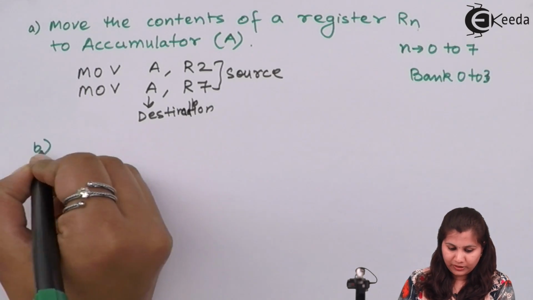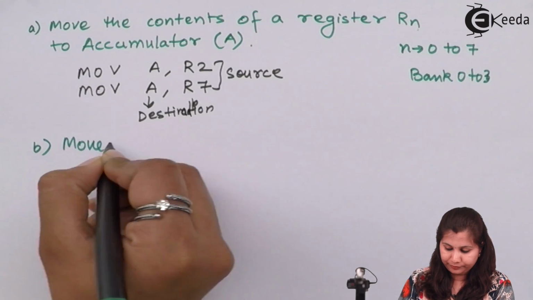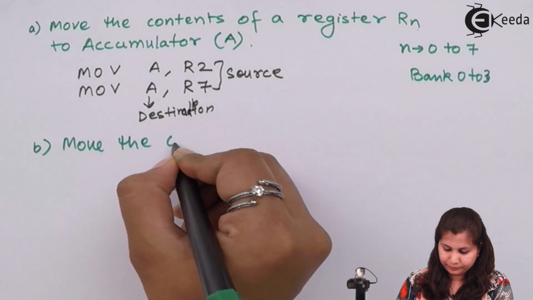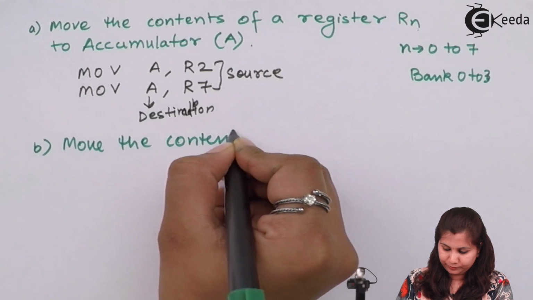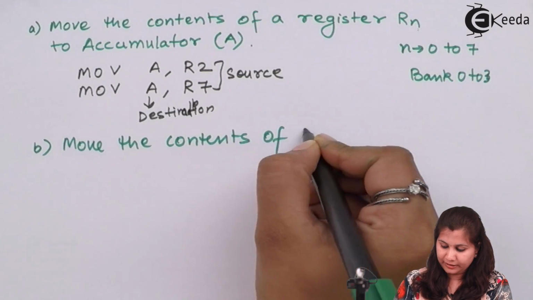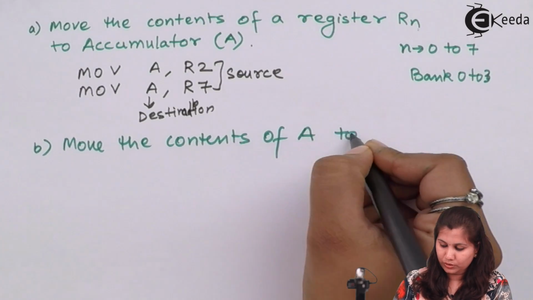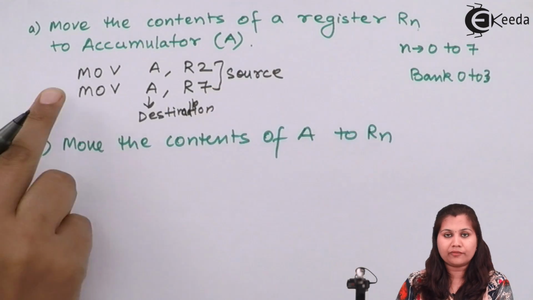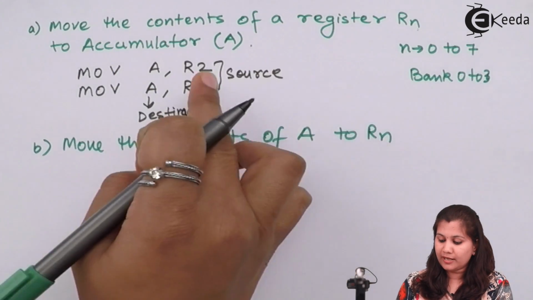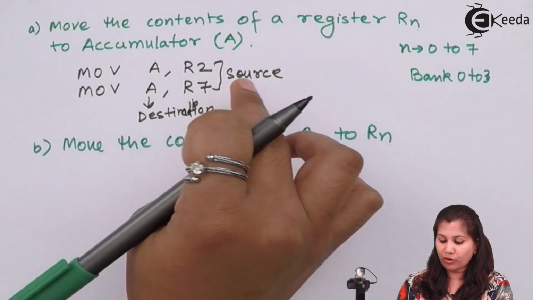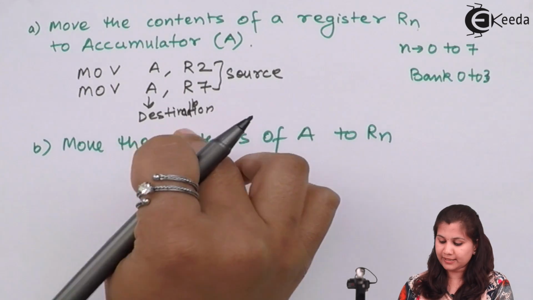The second move instruction moves the contents of A to Rn. It is just the reverse of the first. There, the register was the source and the accumulator was the destination.